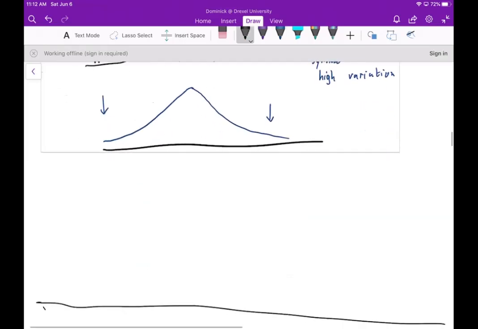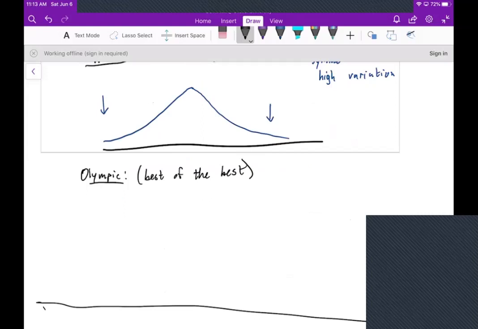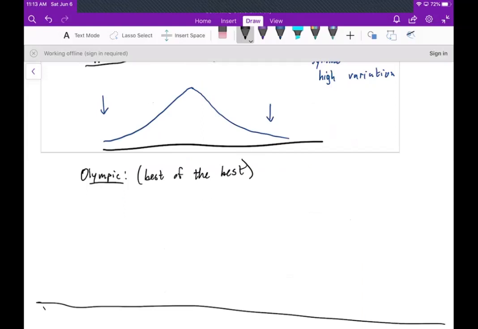Now for the Olympic marathon, the difference here is that the best of the best go. Right? You have to win a qualifying match, and you have to train for years and years and years to get invited to the Olympics, right?